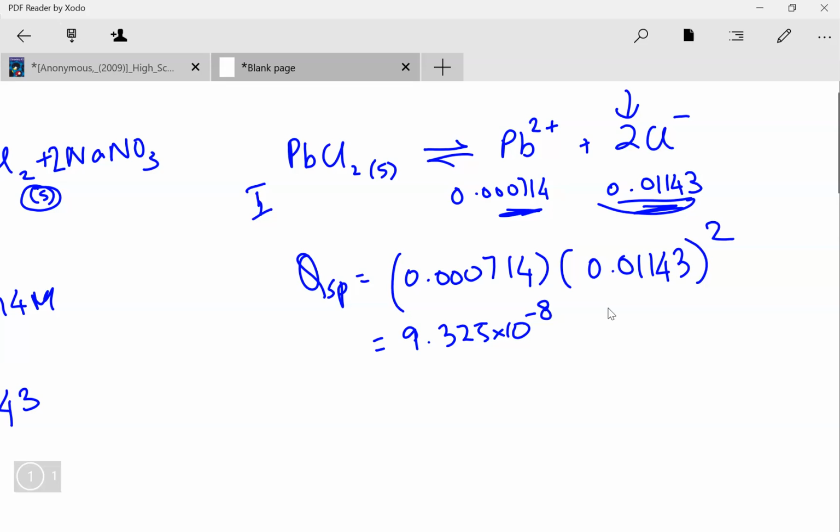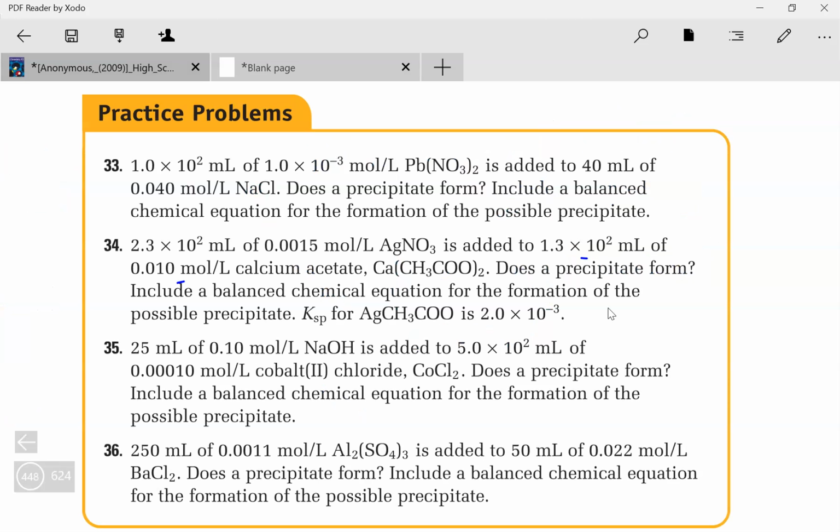So let's look at the KSP of lead chloride, which I will look up at the back of the textbook. Lead chloride is not given. I could have sworn lead chloride was supposed to be the precipitate, but I do not see it.